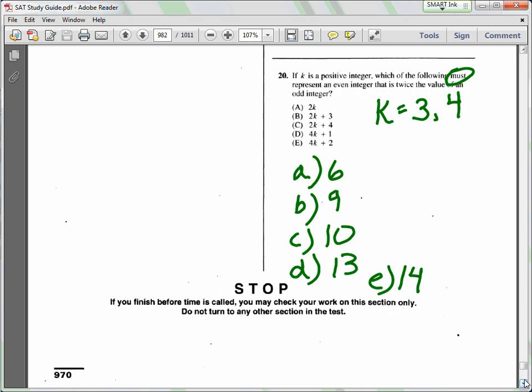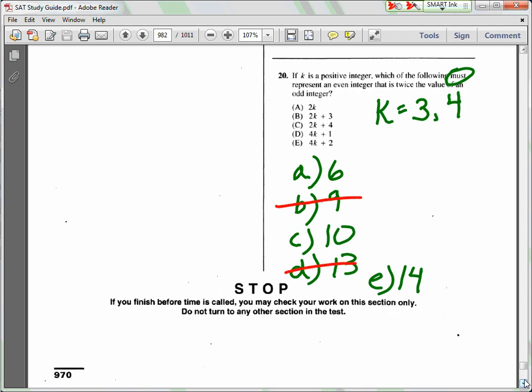Okay, so then we just compare what they're looking for to what we got for the answer choices. Which of the following must represent an even integer? So we can get rid of most of these. It must represent an even integer. Not most, but we could get rid of some of them.